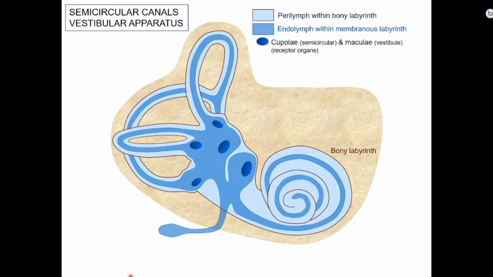Between the bony labyrinth, which is this bone, and the membranous labyrinth, you have perilymph, and inside the membranous labyrinth, which is making the cochlear duct and then the saccule and then the utricle, there is endolymph, which is potassium rich in concentration. Okay.